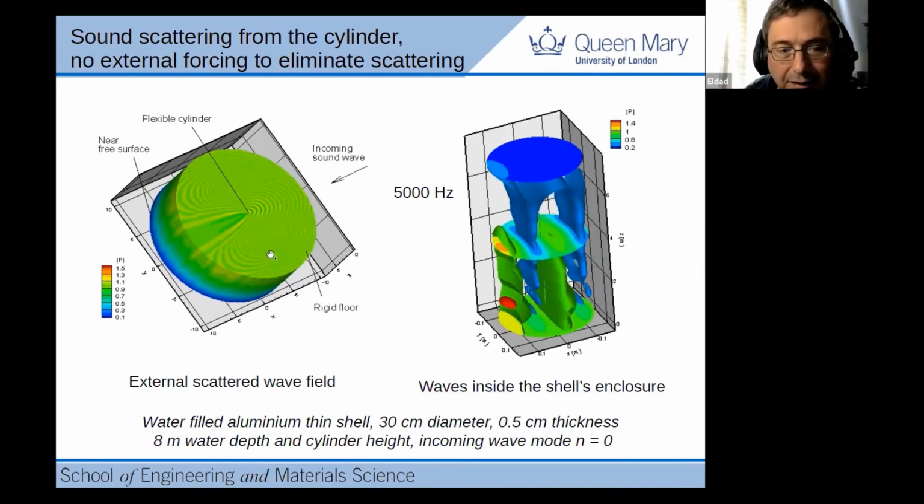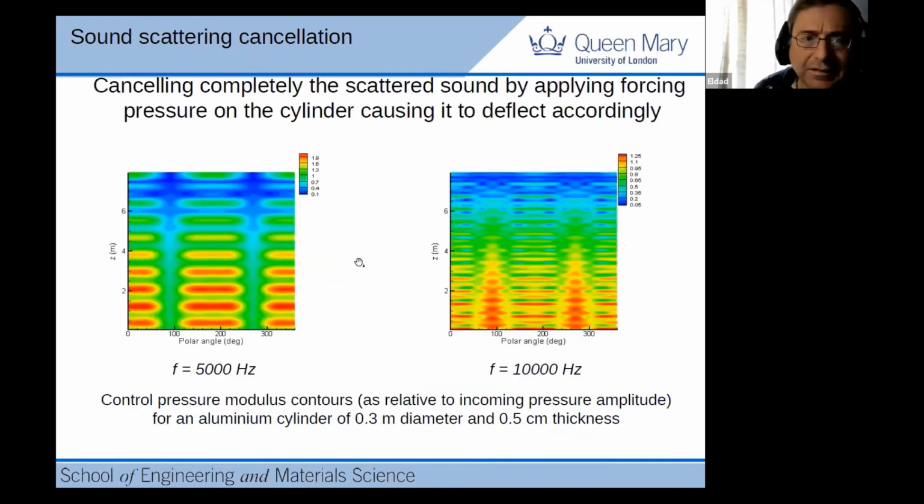So this is just a general setup where we have the noise generation, and we also had some waves inside the cells. We could put some water inside as well. The outside was water, so the noise coming was from here, and what we see is the externally scattered noise. Then we asked ourselves how we can cancel that. So we calculated what the deflection would be, and this is the deflection.